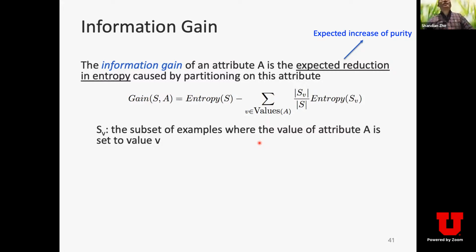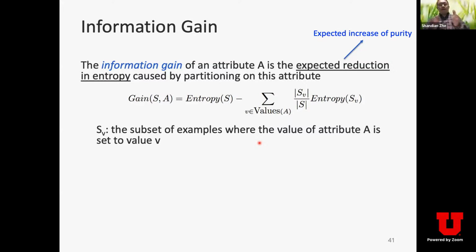Yeah, we're going to come to Gini index later. As I just emphasized, measuring purity is not only in terms of entropy. You can have other measurements as well. We're going to talk about majority error, and we're going to talk about Gini index. But here I want to start with the classical, popular measurement called entropy.